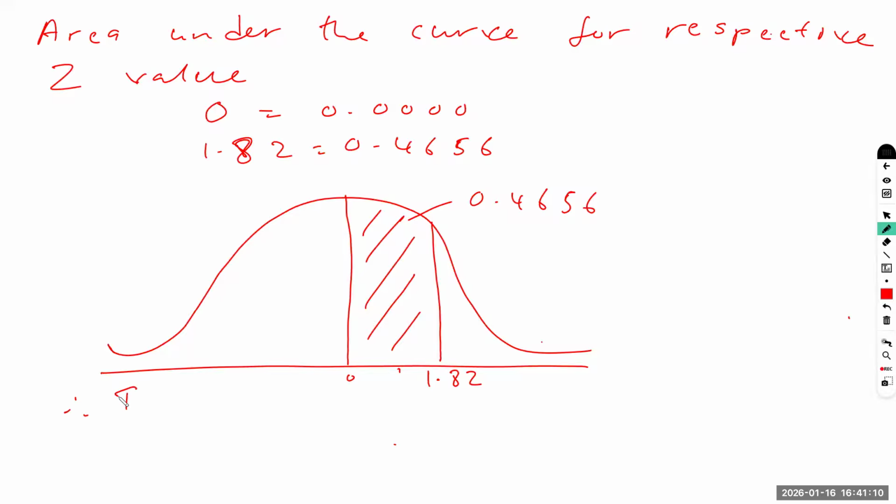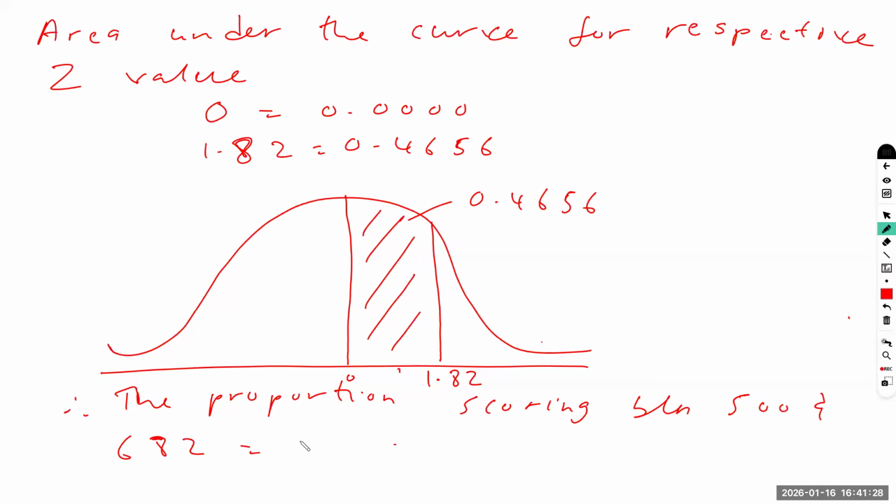So therefore, the proportion scoring between 500 and 682 is equal to 0.4656.